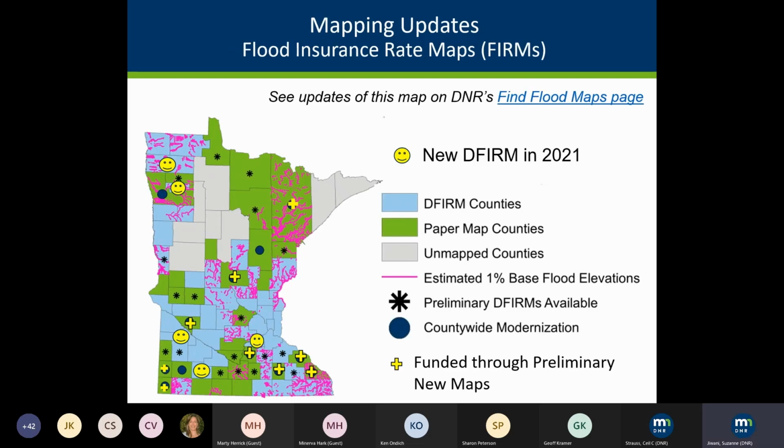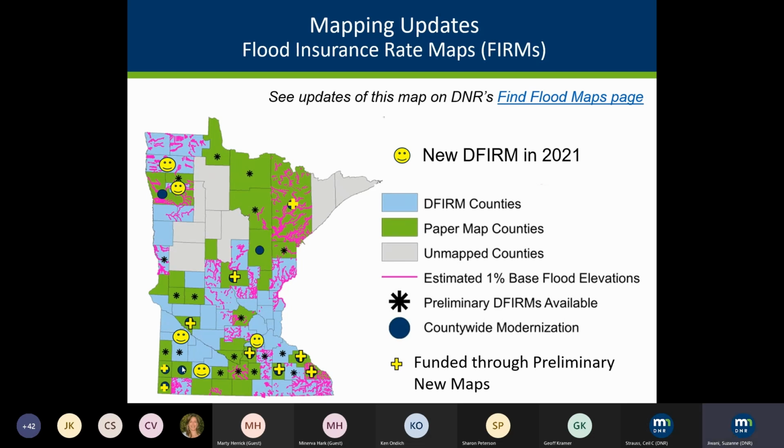This is a map showing where we have data. The blue areas are where we have digital data. The pink lines show you where we have the pink lines. And if you have these blue dots, that means we have some pink line data in those locations.